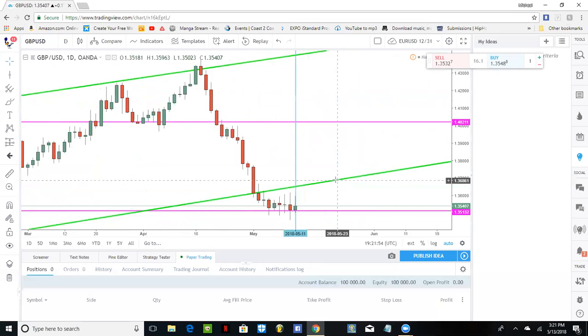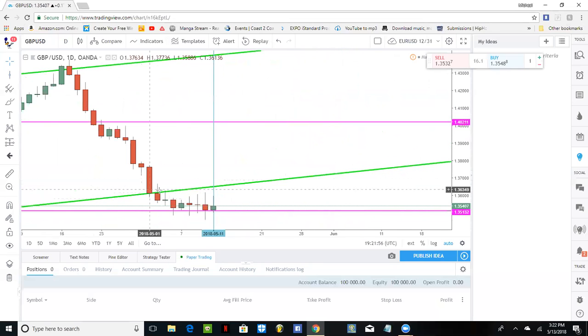And consolidations are not good to do trades in. But like I said, right here is a very nice support line. Just trying to figure out what the resistance is for this area. Looks like it is going to go back up.